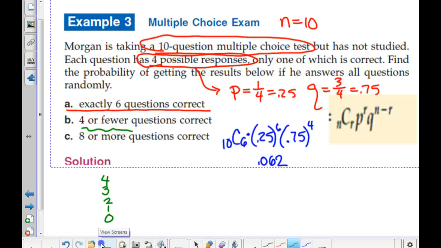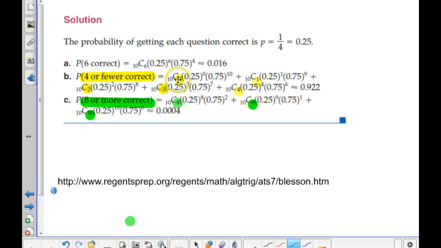No. We have to do this whole mess 5 times. Because this wins if we get 4, 3, 2, 1, or 0 right. Okay, there's a way. It looks like this. 10 get 0 right, 10 get 1 right, 10 get 2 right, 10 get 3 right, 10 get 4 right, and you add it all up.